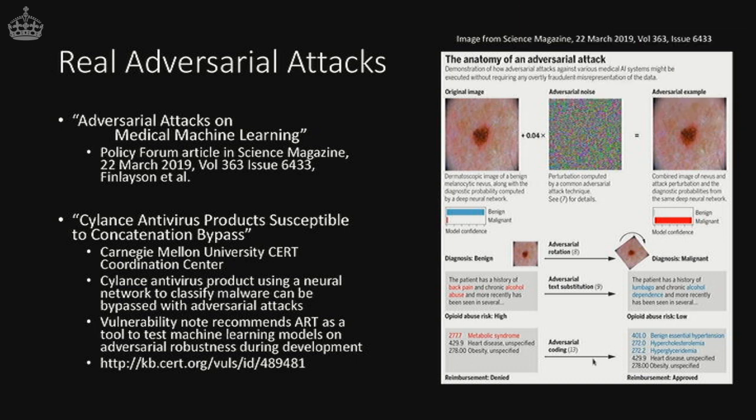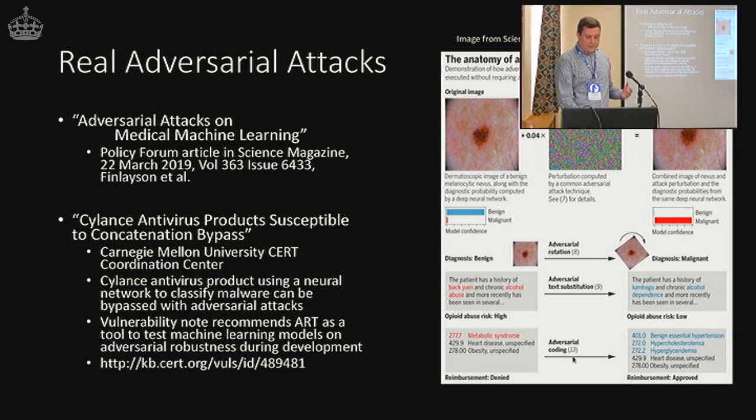And similar things have been demonstrated for machine learning in adversarial coding or coding of your insurance claim, in that different possible combinations of insurance claims can lead to different classifications of your insurance case.